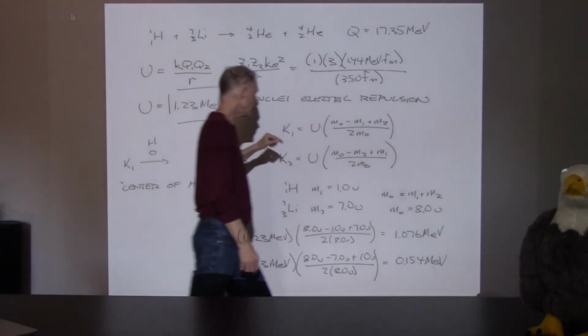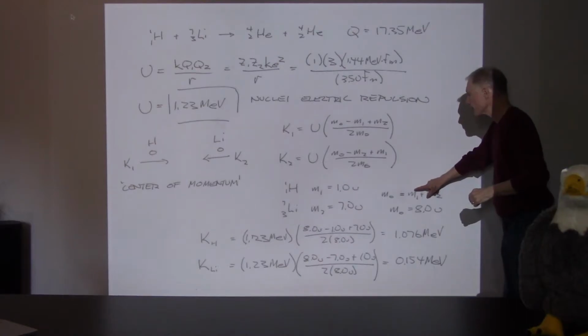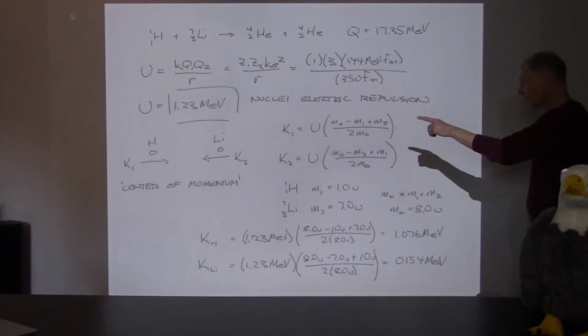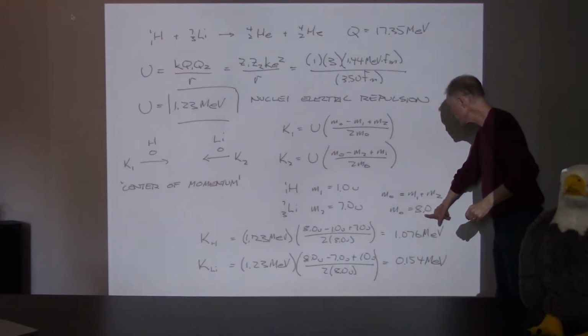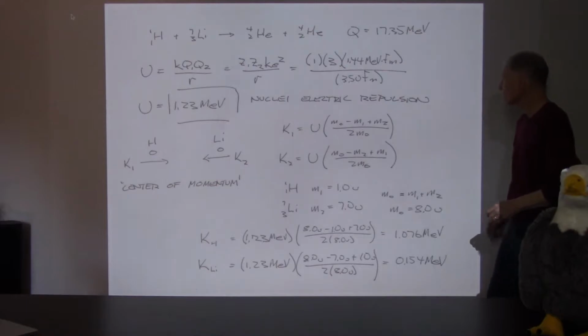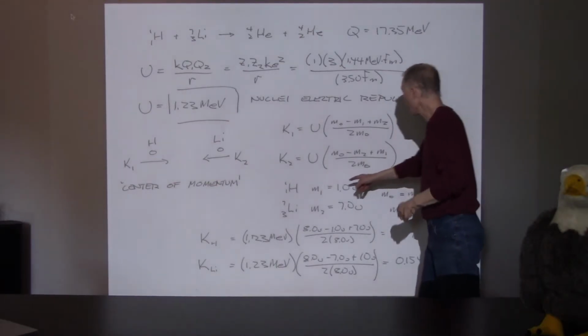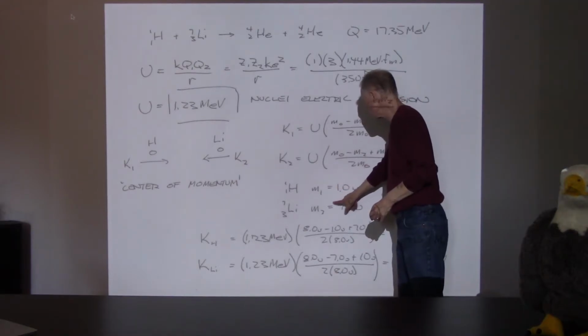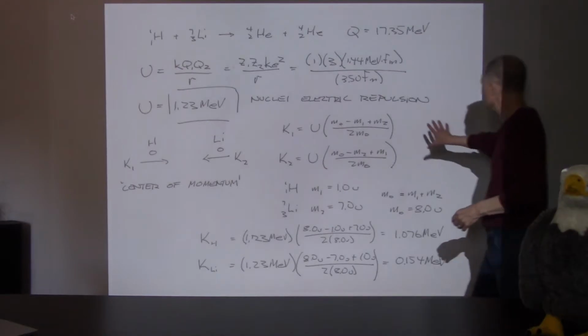So that one object that we combine into would be the combined mass of the hydrogen and the lithium. So combined, that would be 8 atomic mass units. Now the pieces that are coming together for that are the hydrogen, which is 1 atomic mass unit, and the lithium, that's 7.